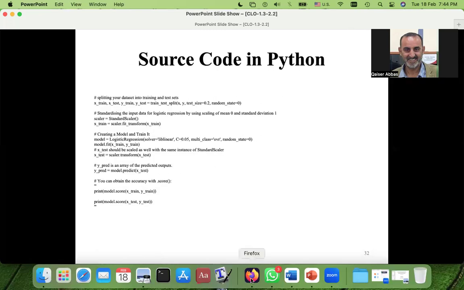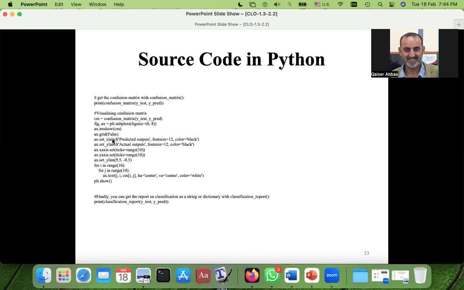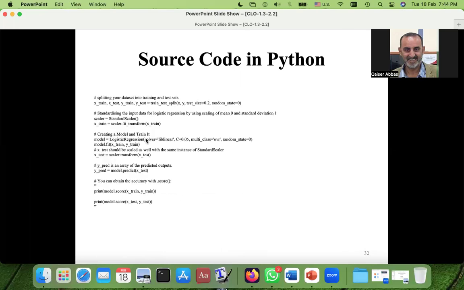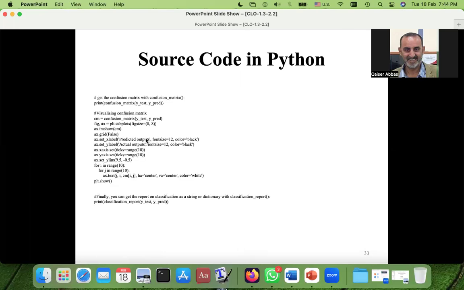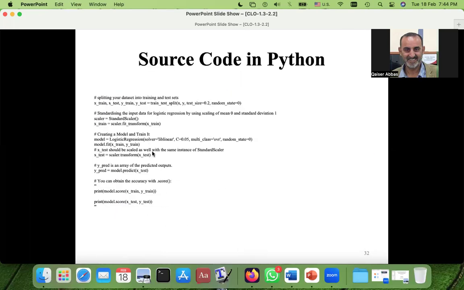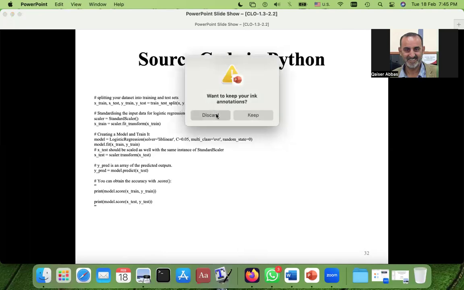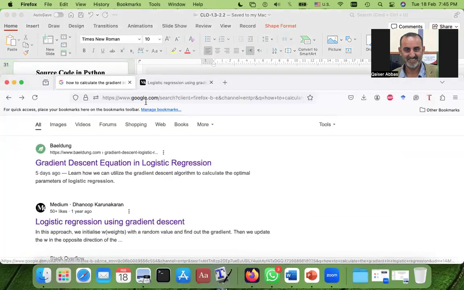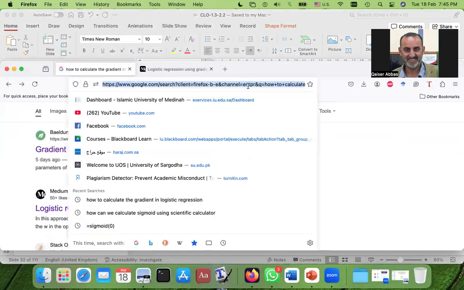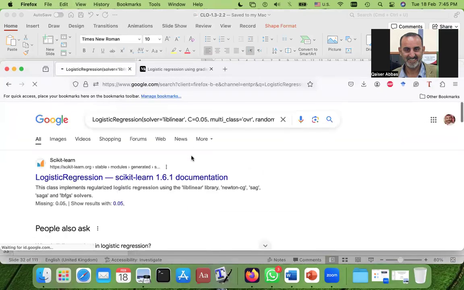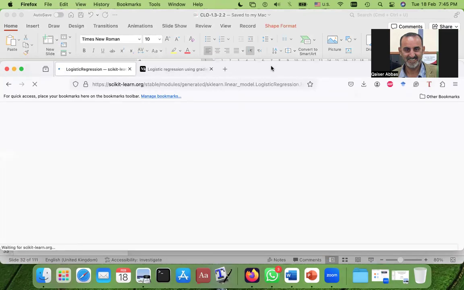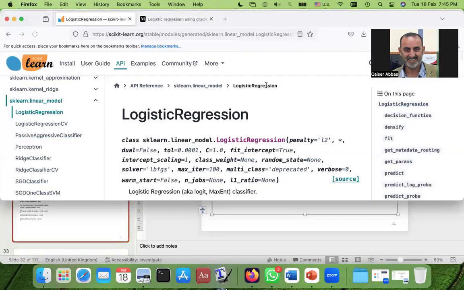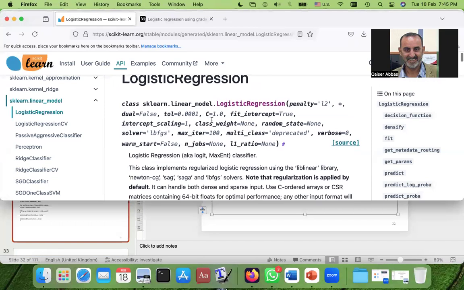If you will write this line, and if you will write it here, it will directly take you to scikit-learn, and you will see what different types of variables there are. Too many variables.